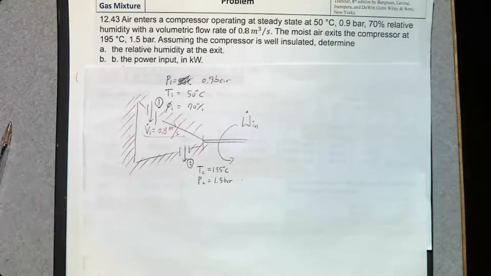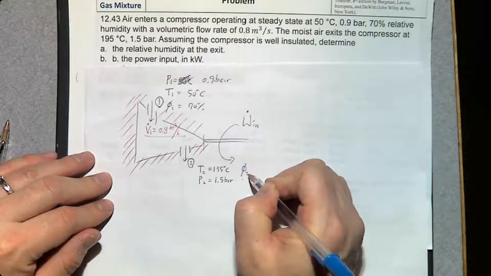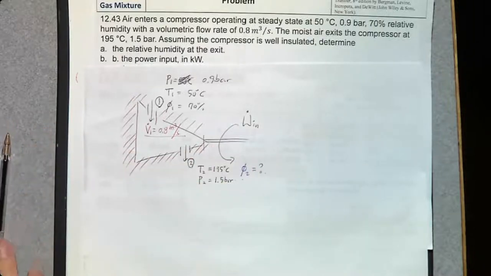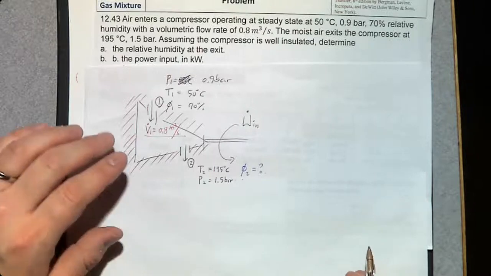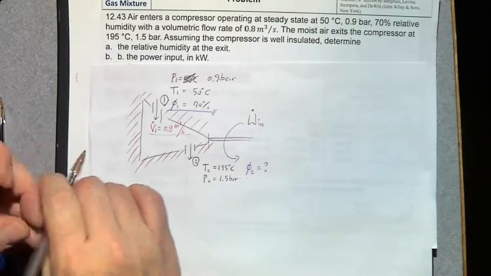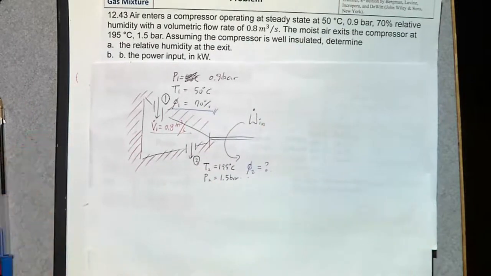We want to determine the relative humidity at the exit, which is phi 2. So how can we solve this problem? We need to calculate the relative humidity. We know the relative humidity at number 1. So from this, we can actually calculate the mass of water vapor at number 1.